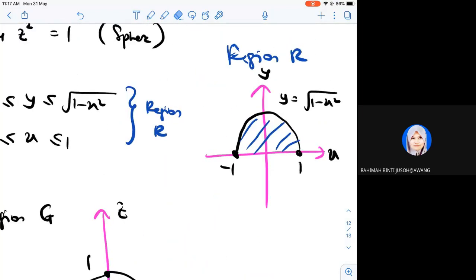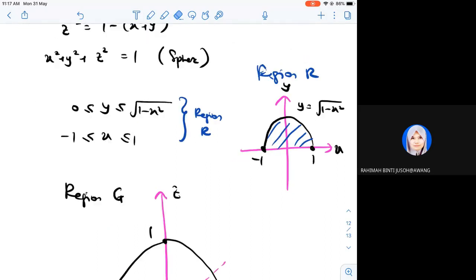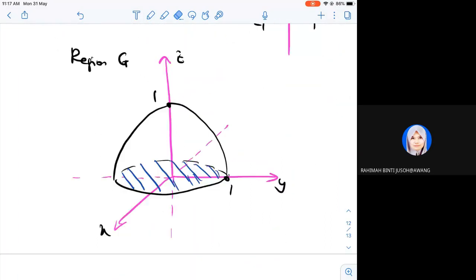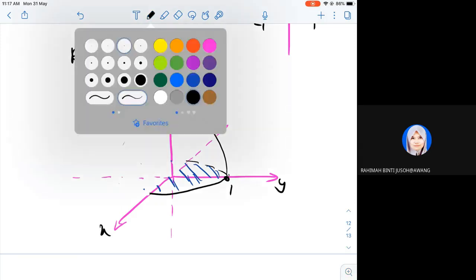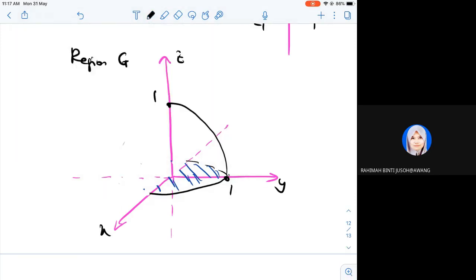Negative Y axis, no region for negative Y axis. So on the left part ni, kita tak ada. We don't have this part, so this can be erased. We just have positive part of Y. So that's why it becomes a quarter sphere. Suku sphere je sebenarnya.